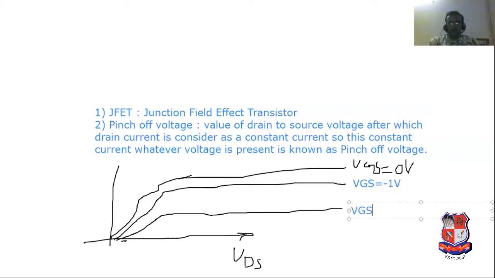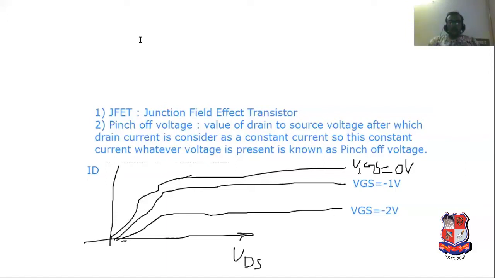Here VGS equal to minus 2 volt. And see here, the current is known as ID. ID current. VGS equal to 0, VGS equal to minus 1, VGS equal to minus 2.